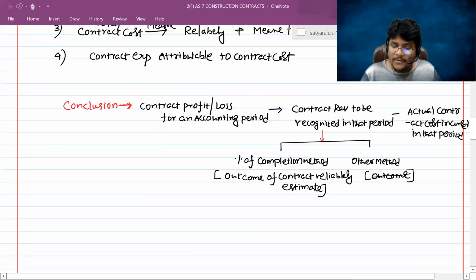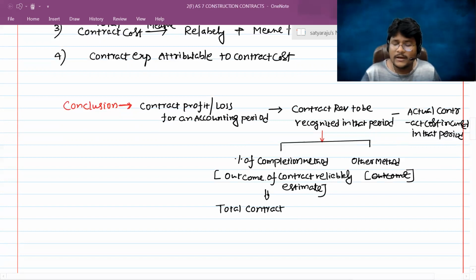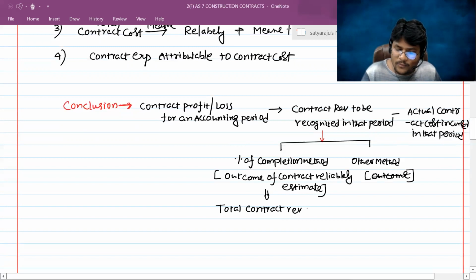Am I right? Then how you can know the contract revenue? The contract revenue is, in that case, total contract revenue into percentage of completion. Till now I didn't discuss how we are going to calculate that percentage of completion. Here I'm telling you how you should recognize the revenue related to that particular period. Still, I'm not discussing how to calculate the percentage of completion. At later discussion, I will discuss.